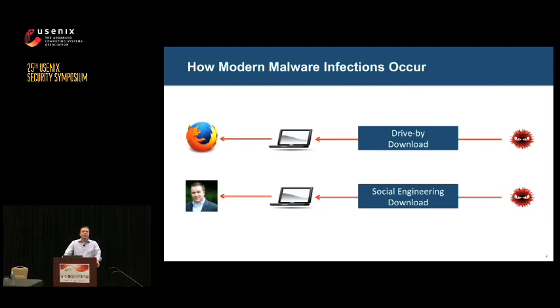An example of a social engineering attack is fake AV. In a fake AV attack, the user is typically browsing the web. They come across a malicious advertisement that tells them that their machine is infected with malware and that they need to download and install this tool to remove it. However, when they download and install this tool, they're actually installing malware, not a tool to remove malware.